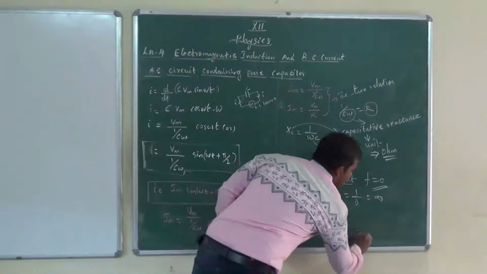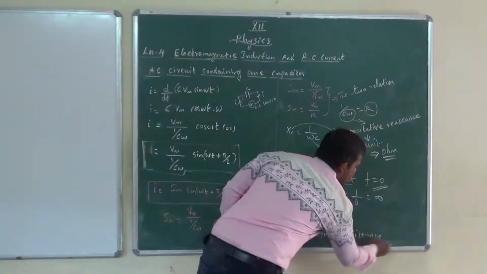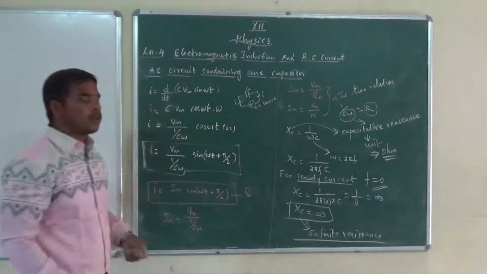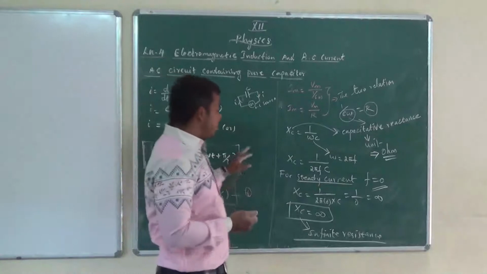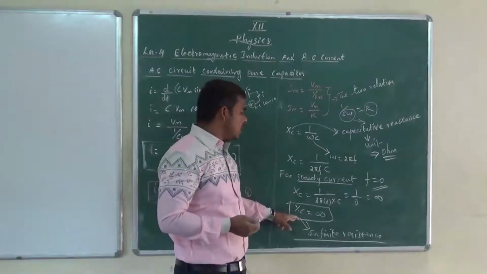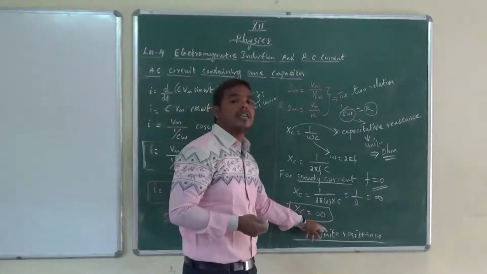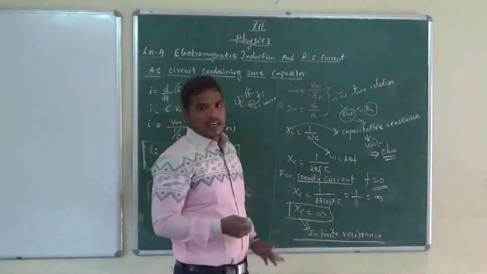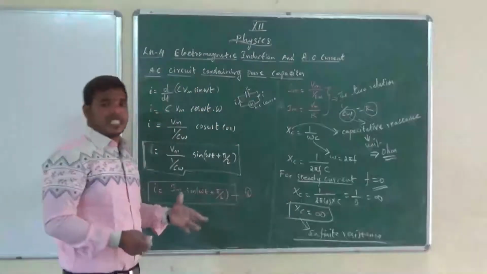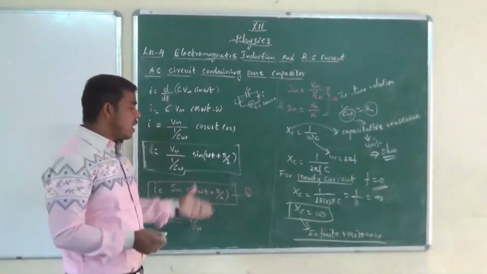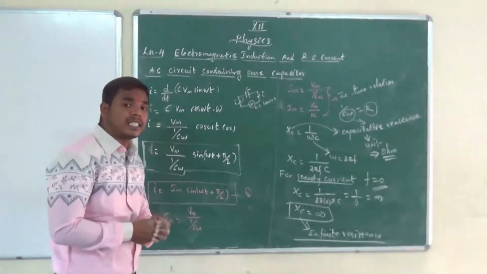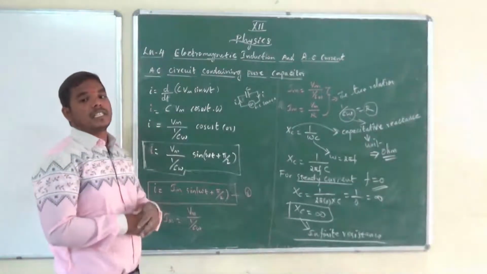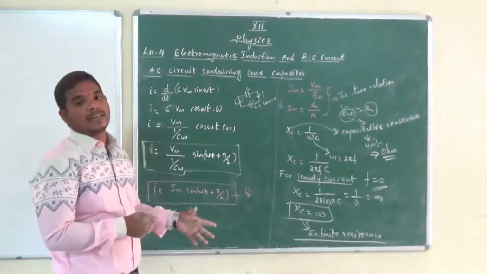But the circuit containing an inductor offers zero resistance. This is an important one-mark question: the capacitor offers infinite resistance for DC current or steady current, but an inductor offers zero resistance.